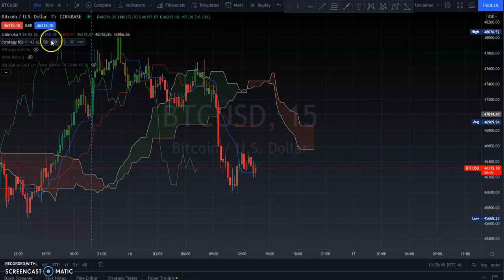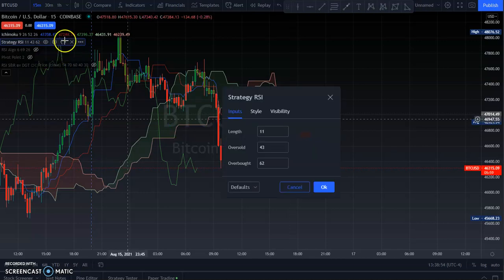Let me click the settings. These are the settings I use. I found they work for me, and you can play with these numbers. You can do a backtest, or look back and see where it's accurate and where it isn't. Play with these numbers: oversold, overbought.